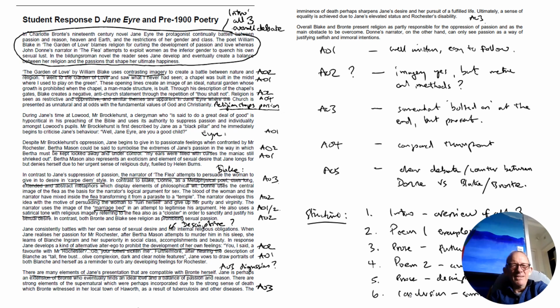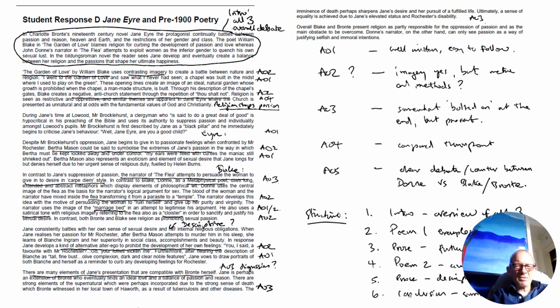But like I say, Donne's narrator, beg your pardon, they have said that. They have isolated the narrator rather than it being Donne, and therefore that makes that statement perfectly reasonable. Good. So there is a clear debate.